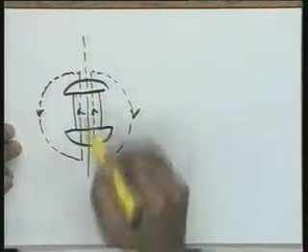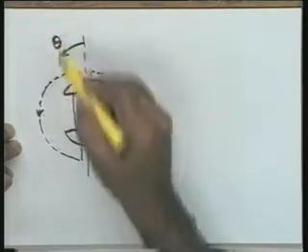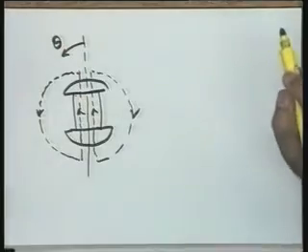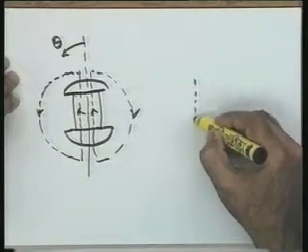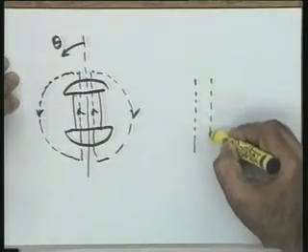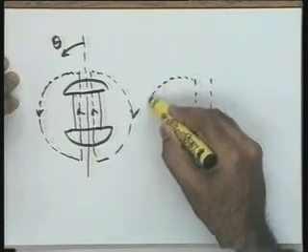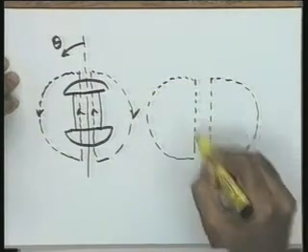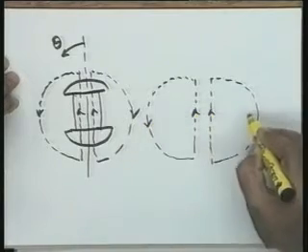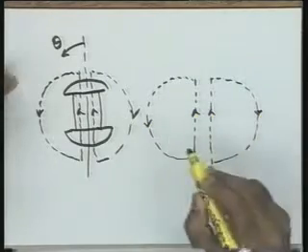So, this is theta equal to 0; theta is being measured with respect to this position. This is the synchro transmitter, this is the flux pattern. Now, since the EMFs induced due to this flux pattern are being fed to the synchro control transformer, we can say that the flux pattern in the synchro control transformer will be identical. So, this is the flux pattern as far as the synchro control transformer is concerned.